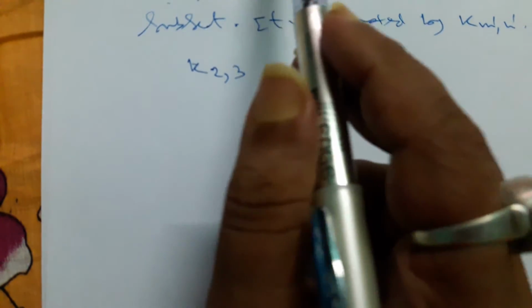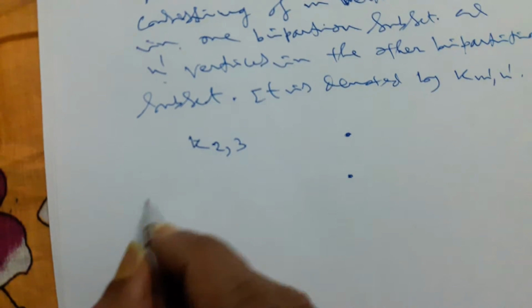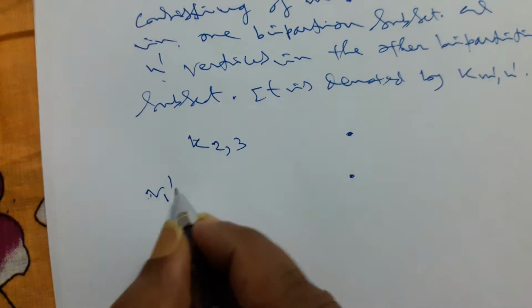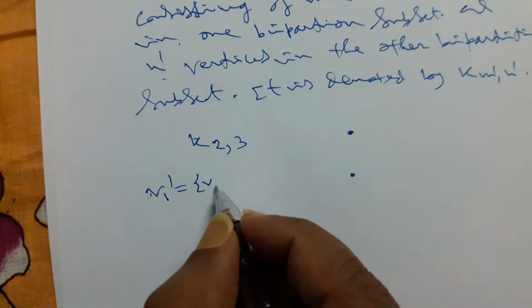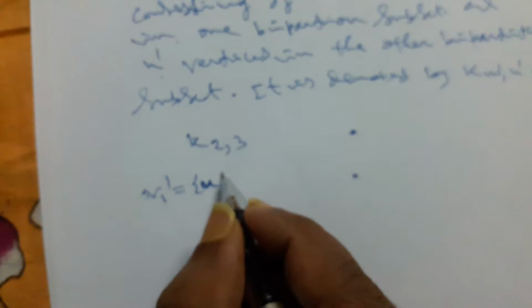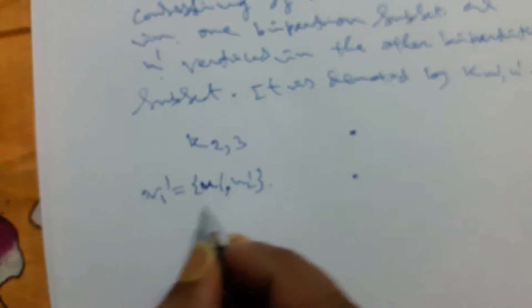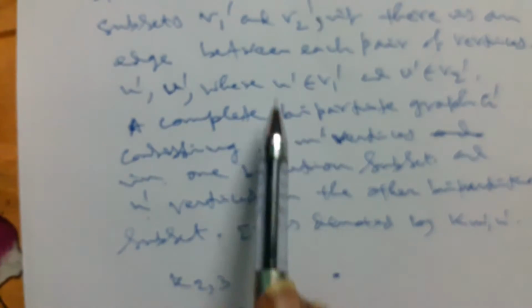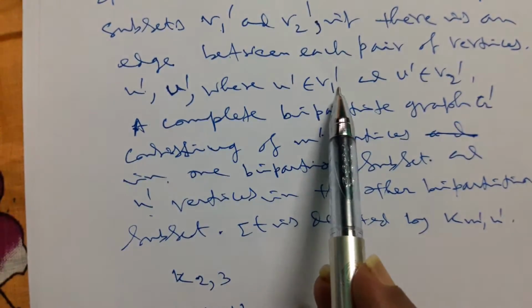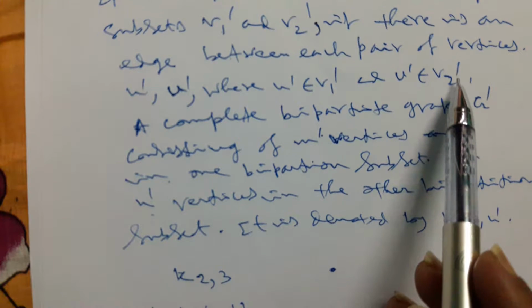Consider these vertices as elements of V1 dash, the set consisting of u1 dash and u2 dash, because we consider u dash and v dash, where u dash is a member of V1 dash and v dash is a member of V2 dash.